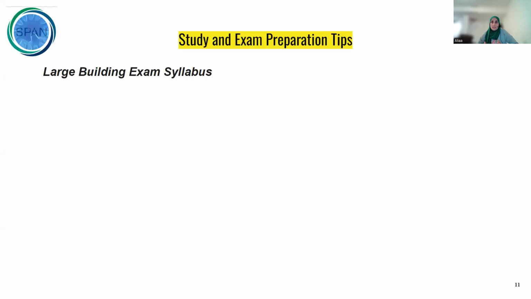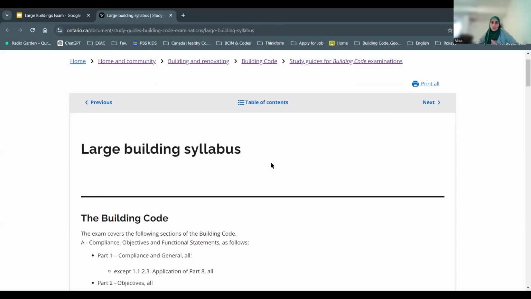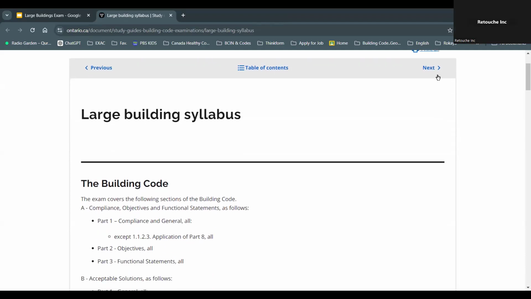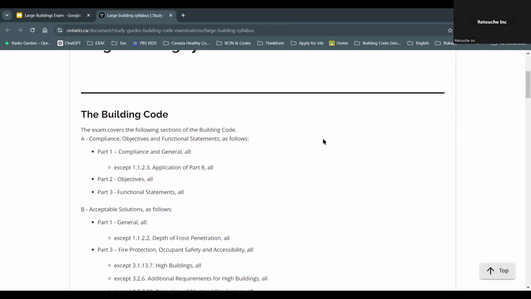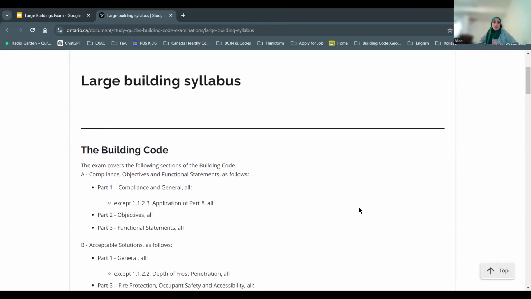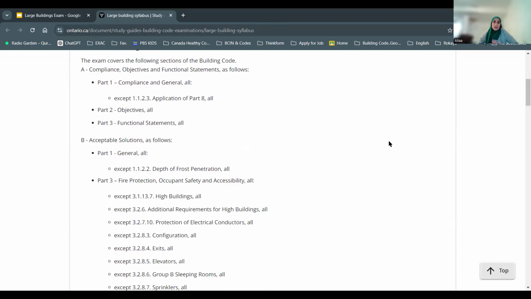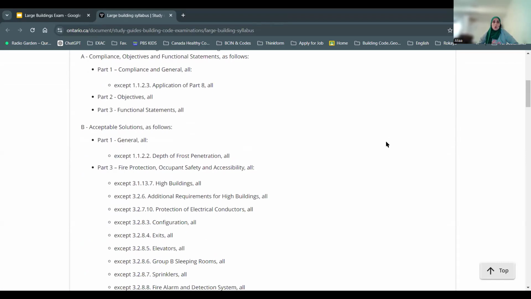For the large building exam, what is the first step I should do? First, you need to check the large building exam syllabus. You can see my screen, right, Lulu? Yes. You can find the large building syllabus on the website of the Ministry of Municipal Affairs and Housing. It tells you what will be covered in this exam, all the topics.